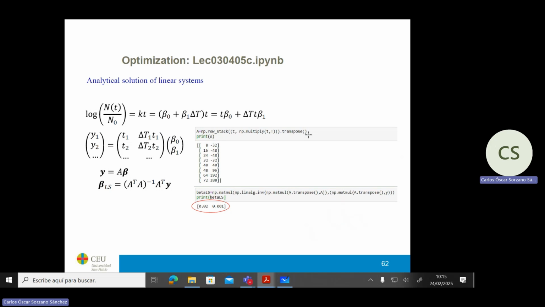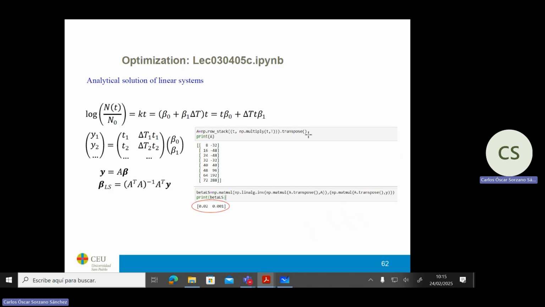So for instance, if we rearrange this equation and say, okay, these are my observations, and I write this as an equation system, I have these predictors, this is my beta 0, beta 1 unknowns, and then I have an equation system, and I know what is the least squares solution of this equation system. I know the solution is this one.